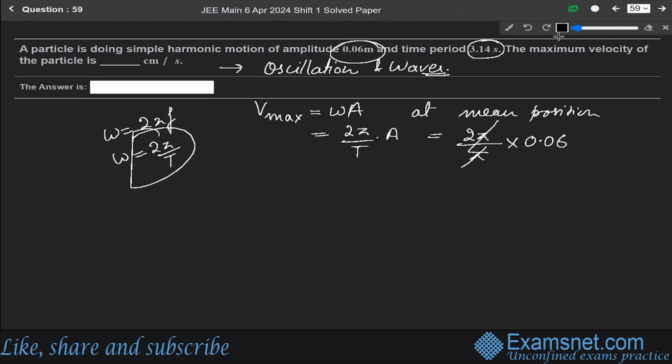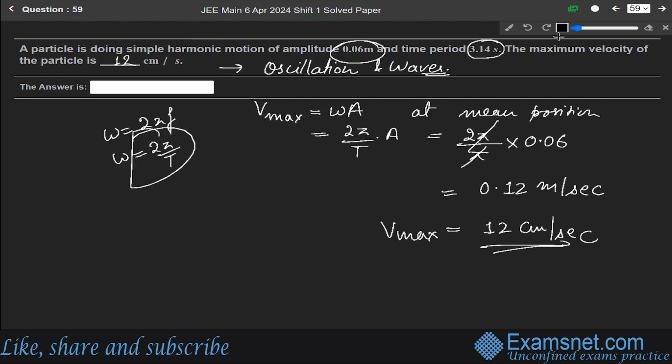So pi cancels out. So it will be 0.12 meter per second, and we have to convert it into centimeter per second. So V maximum will be equals to meter per second, means into 100. So it will be 12 centimeter per second. This is the answer.